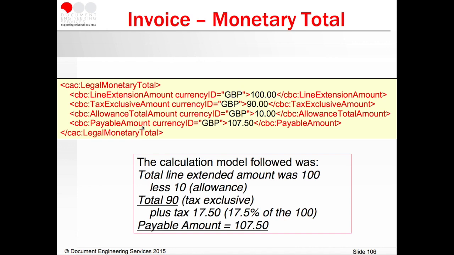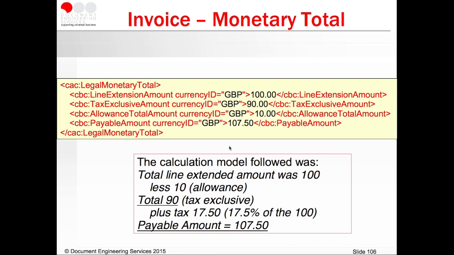Finally, the invoice would have the legal monetary total, so the line extension amount, which is net of any allowances and charges, the tax exclusive amount, any allowances applicable, and the total amount payable.